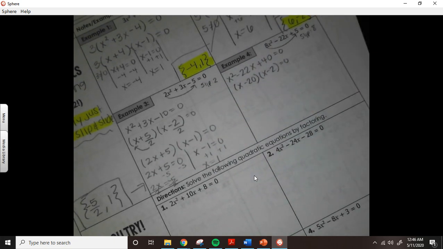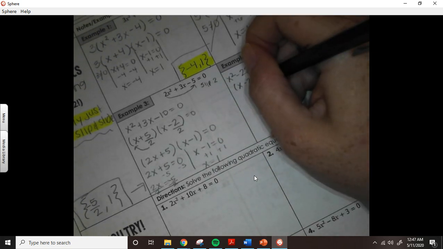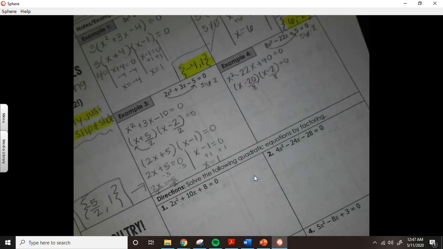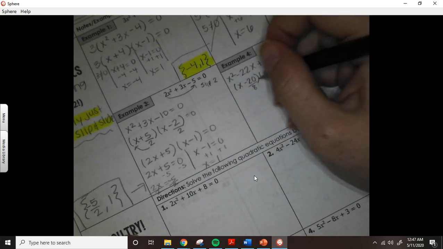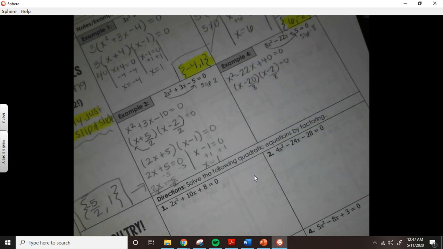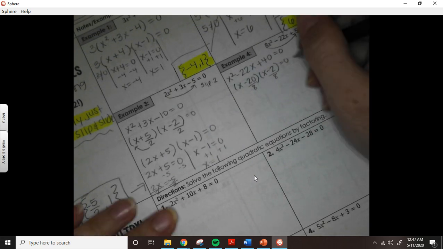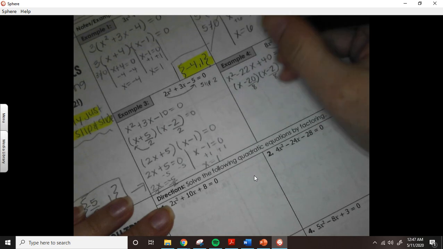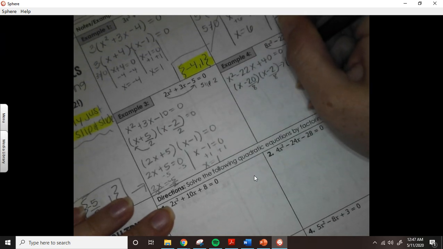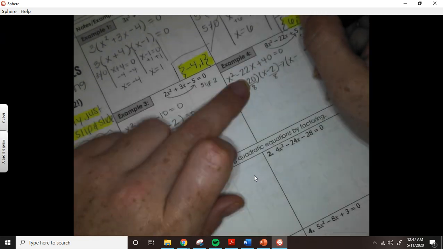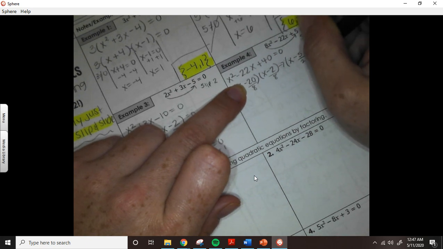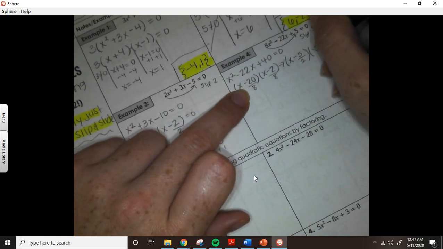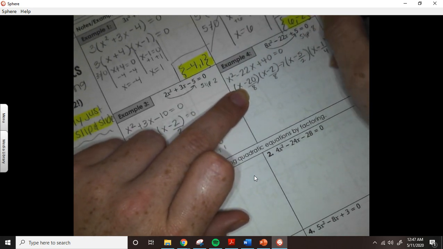All right, now we're going to divide by 8. Reduce. So 20 over 8, if we can divide them both by 4, becomes, I'm going to erase this, equals 0 because we're going to save that till the end. We've got x minus 5 over 2 times x minus 1 over 4.